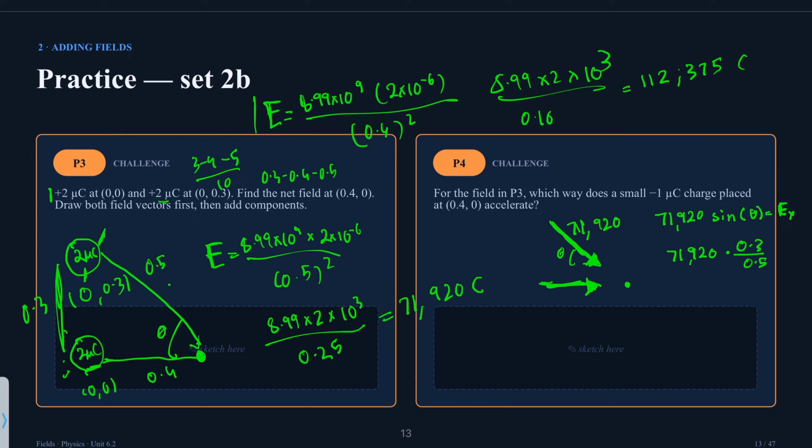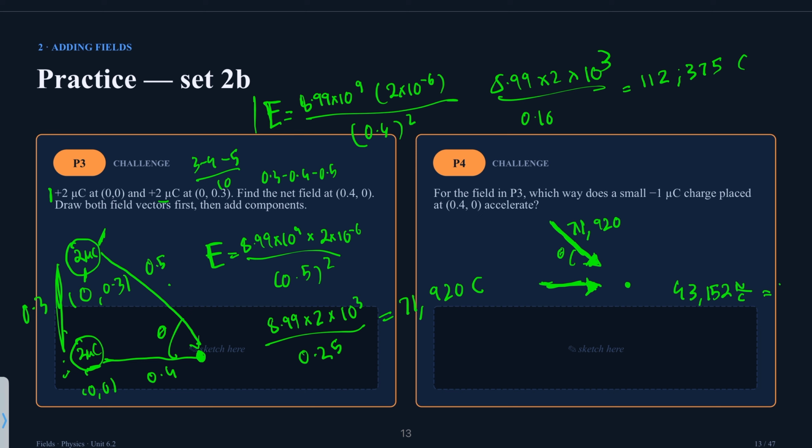Let's see what that is. Okay, that is 71,920 divided by 0.5 times 0.3. So that's 43,152 newtons per coulomb.